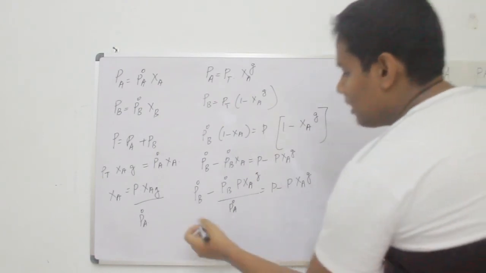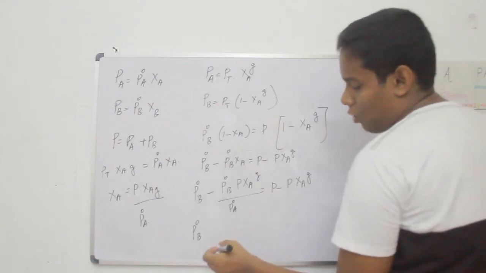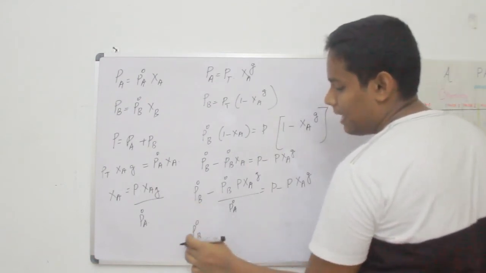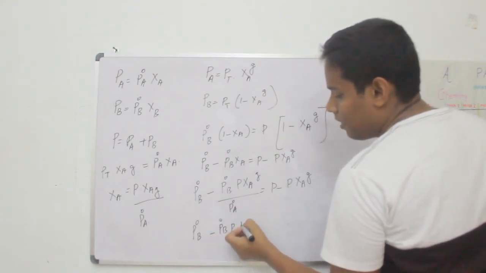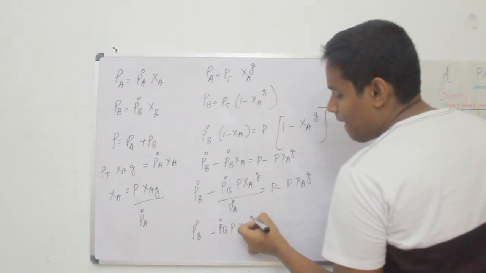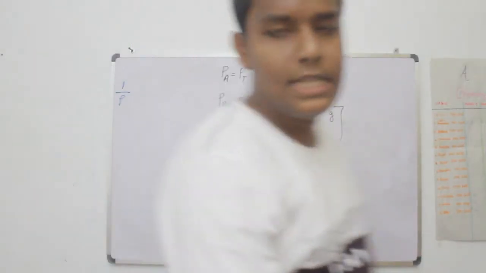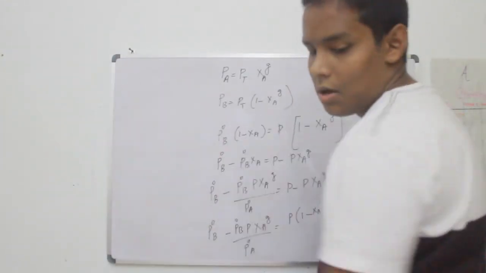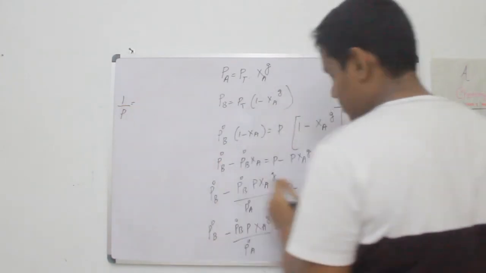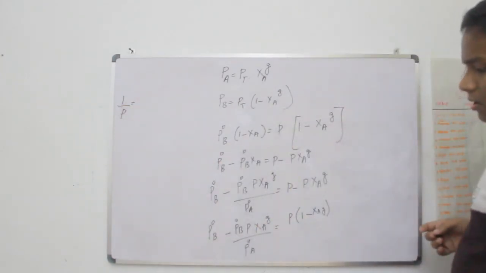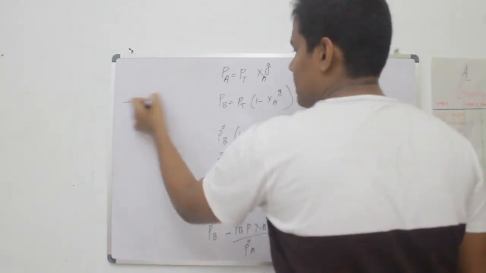Same thing, P0 B minus P0 B P XAG divided by P0 A. So if I take 1 over P from this equation, I have to take P here. Before taking 1 over P, we will try to solve this, then it will be easy for us.